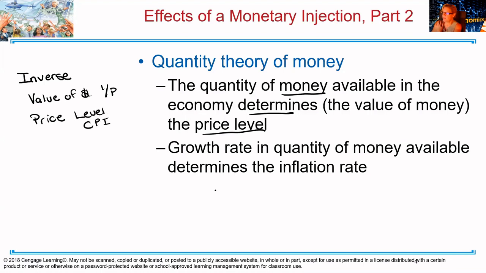The growth rate in the quantity of money determines the inflation rate. So if we increase the money supply and continue to increase it, maybe a lot, what's going to happen to inflation? Inflation's going to increase a lot. There's a direct correlation there.